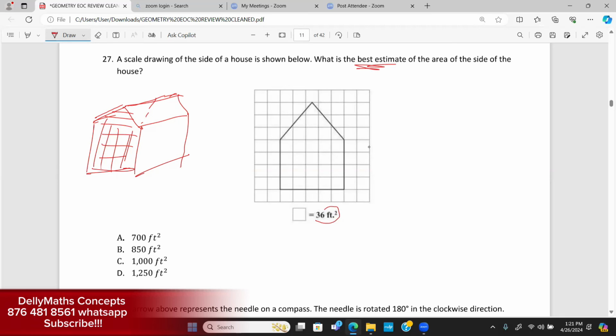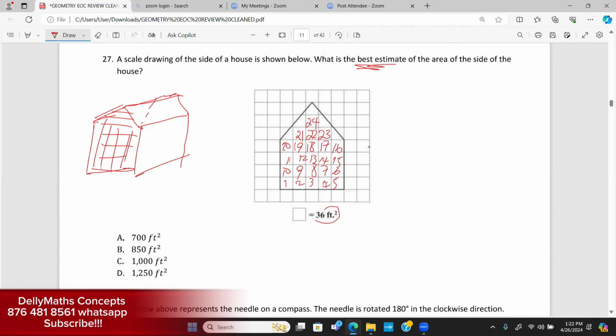All right. So I'm going to count all the squares that are fully covered within the shape, and then I'm going to add the pieces to create more squares. For example, I'm seeing 1, 2, 3, 4, 5, 6, 7, 8, 9, 10, 11, 12, 13, 14, 15, 16, 17, 18, 19, 20, 21, 22, 23.